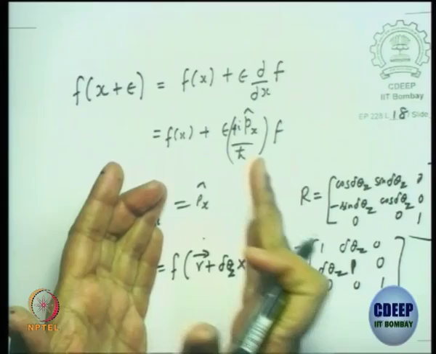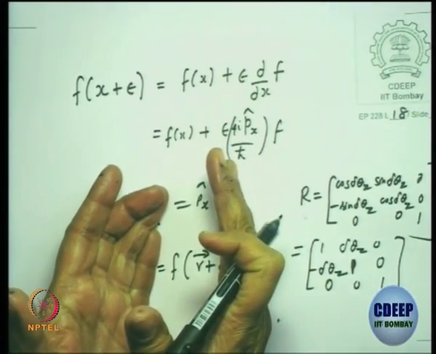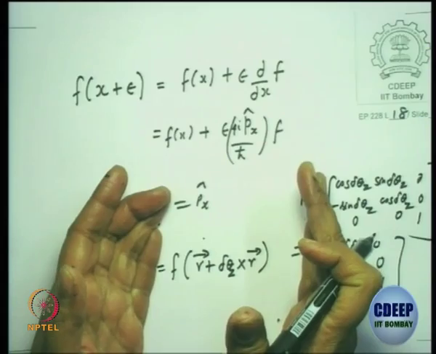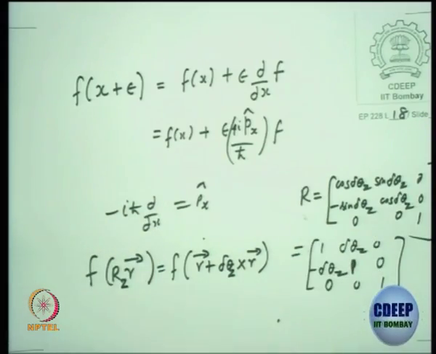If you do a Taylor series expansion, the first term will be f of r. The second term I want you to do yourself, just try and fiddle around and see what the second operation can be written as, and you will see there will be an angular momentum operator.